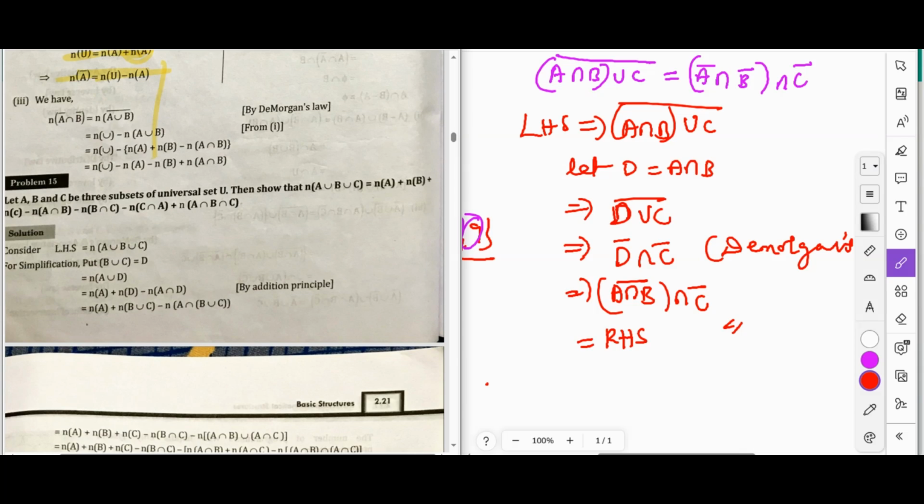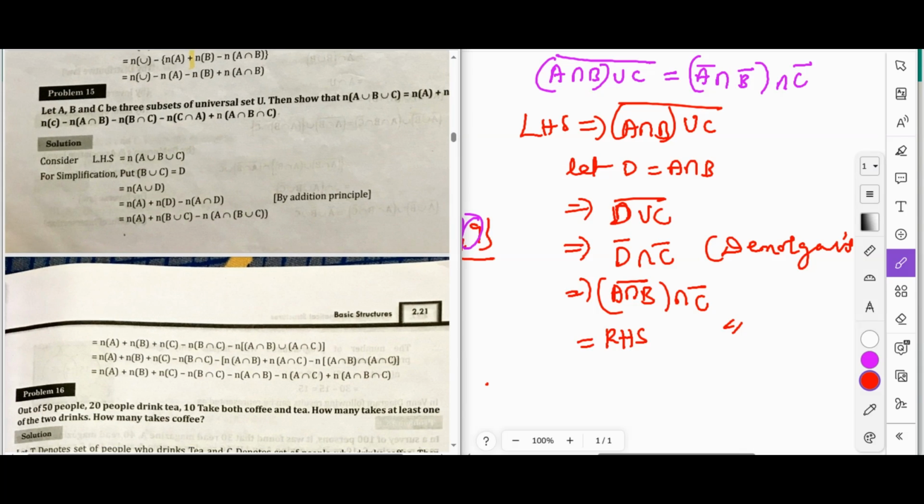Then the next one is the property to prove.